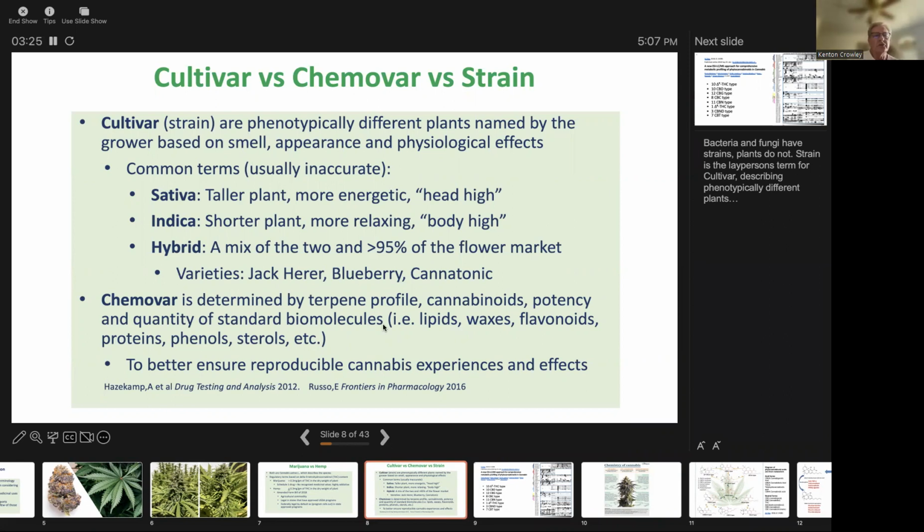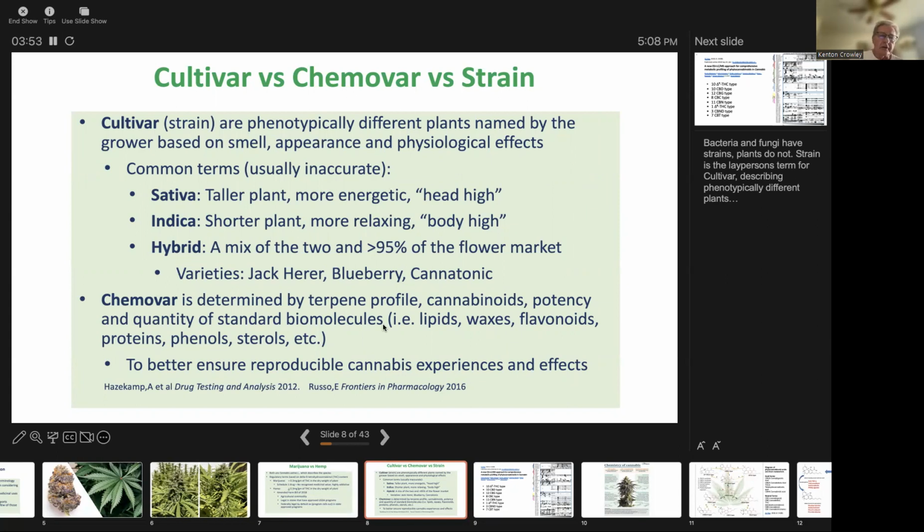Common terms describe sativa as a taller, more slender plant that generates more of an energetic effect, and indicas as a shorter, squatty plant that generally provides more of a relaxing effect.